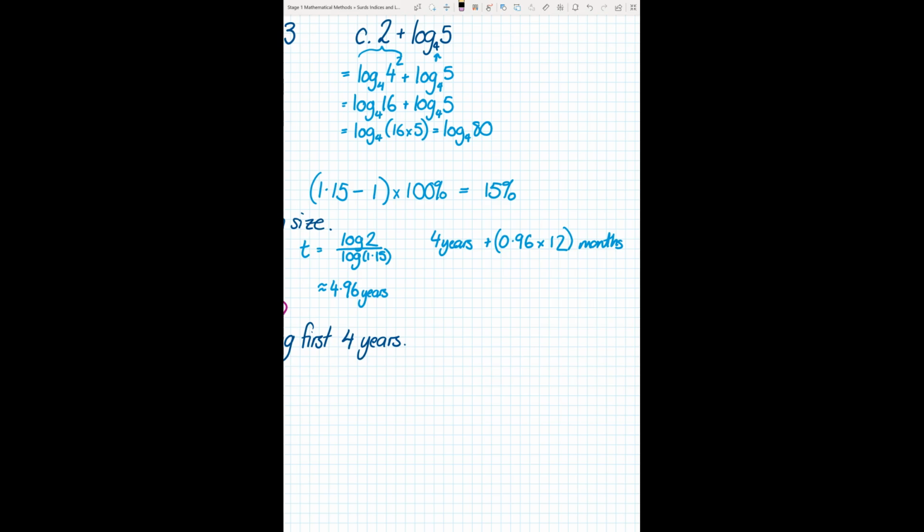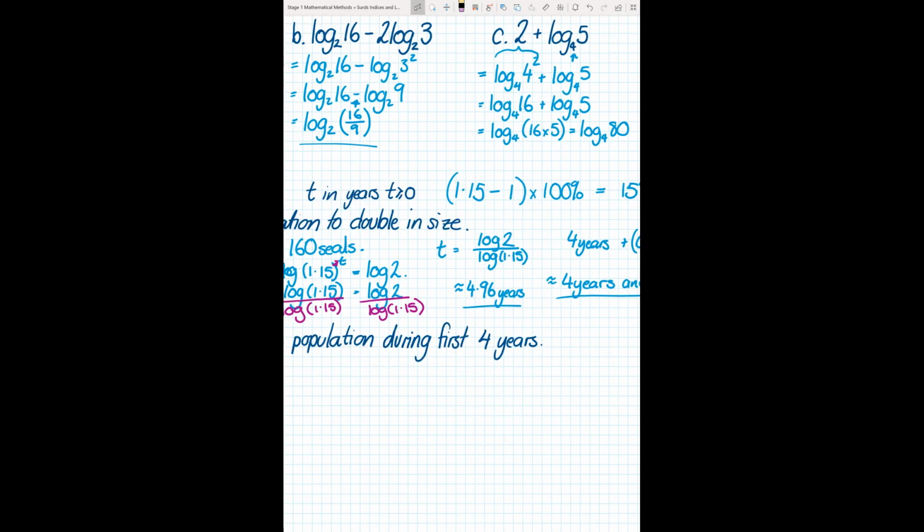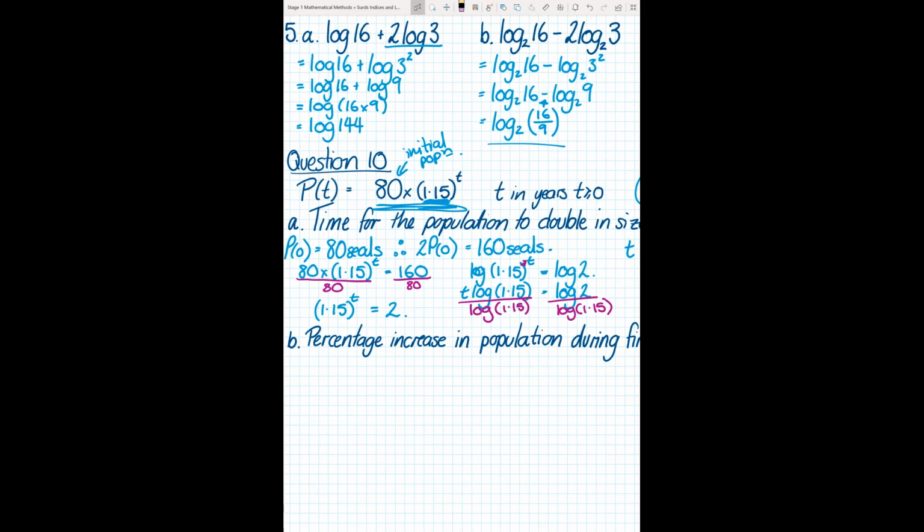So 4 years, and if we multiply 0.96 by 12, we get 11.5 months. So this is correct. This is just showing that we have a little bit better in-depth understanding of how we use those units. It's just a bit better, but it's still correct.